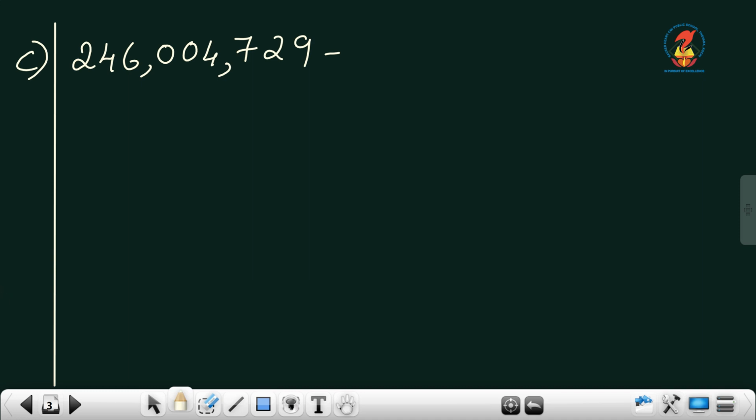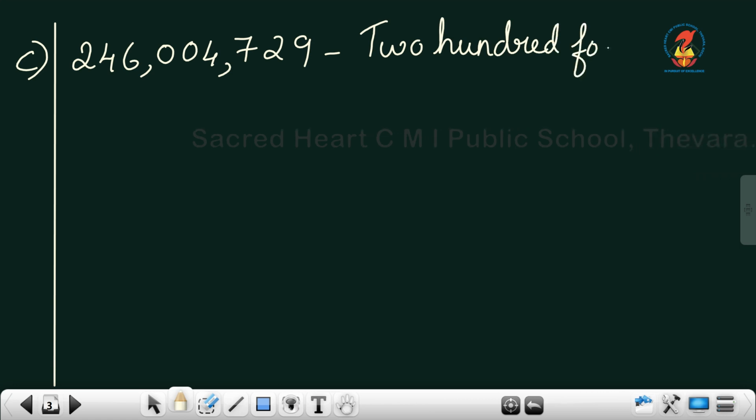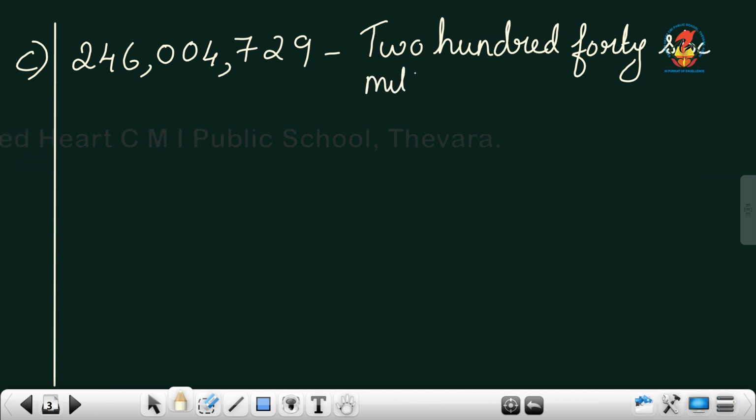Now starting from here, read the number together. 246. First you write that. You have to write million, children, because it is coming under the millions period. Don't forget that. 246 million. So millions period is over now.